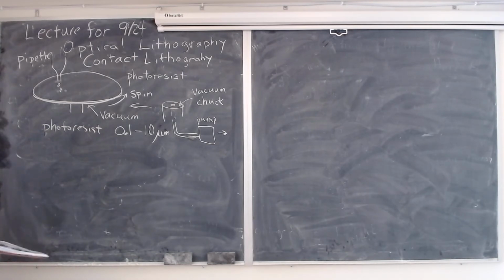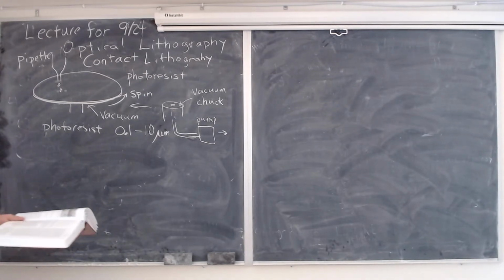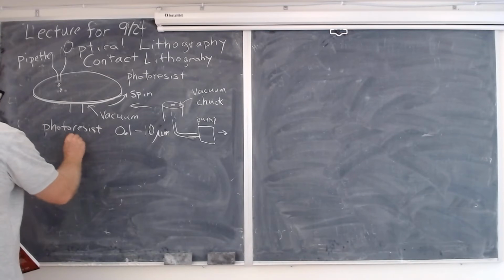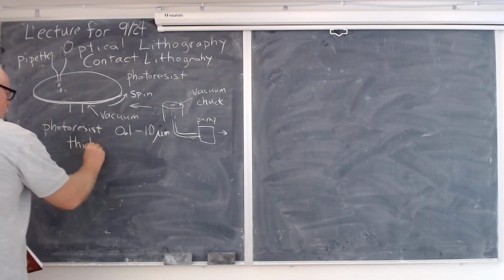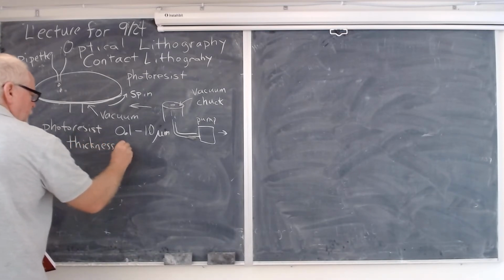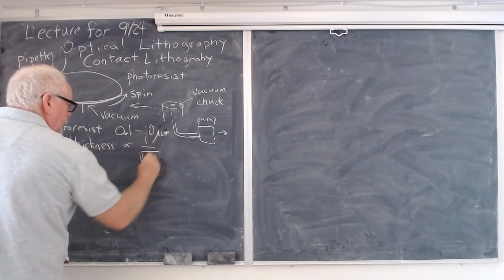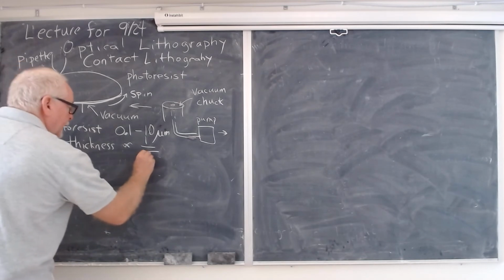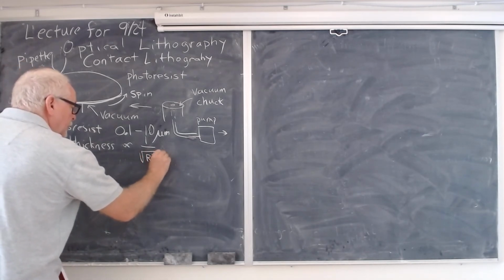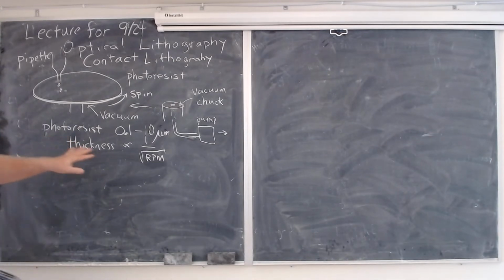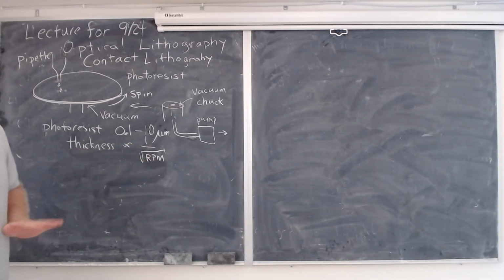There's a few equations here that are useful to note. The thickness, T, is proportional to 1 over the square root of RPM, and I'm writing RPM just so you know that's the spinning speed, which is usually how it's given. It's also proportional, as it says in the book, to the viscosity.